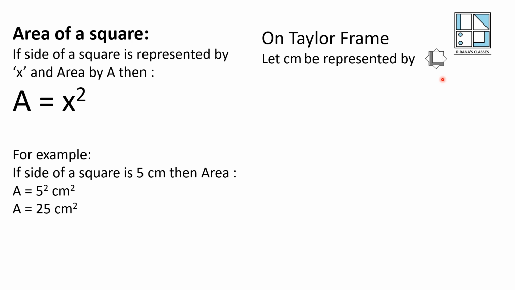It can represent a unit, it can represent an angle, it can represent factorial, it can represent sigma, it can be used to represent anything in mathematics on Taylor frame. Since I need to represent centimeter, I am assuming that this shape represents centimeter on Taylor frame for the current topic.